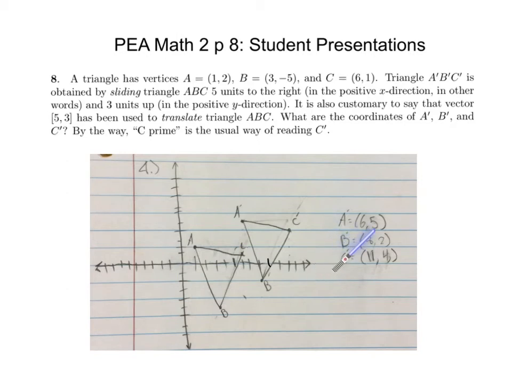And then B was at (3, -5), which you bring to the right 5, turning it into 8, and then up 3, which turns it into negative 2. And then C is (6, 1), so you bring it to the right 5, which makes it 11, and up 3, which makes it 4.